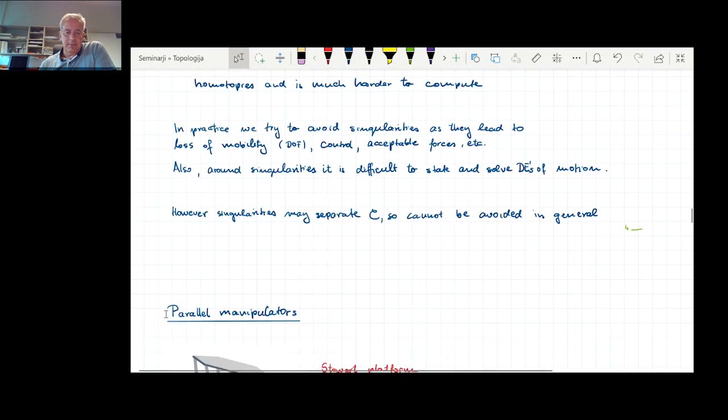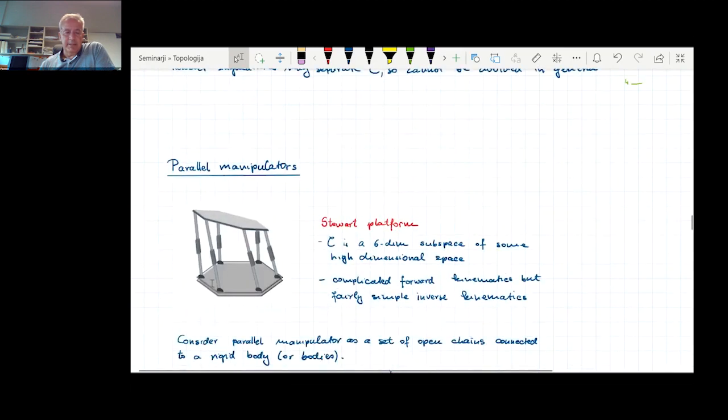Such mechanisms are called parallel mechanisms or parallel manipulators. Like here, one of the most famous is the so-called Stewart platform. You have some sliding joints, and by moving those, this platform moves. It's very precise, very strong, and it's used in many different situations in robotics.